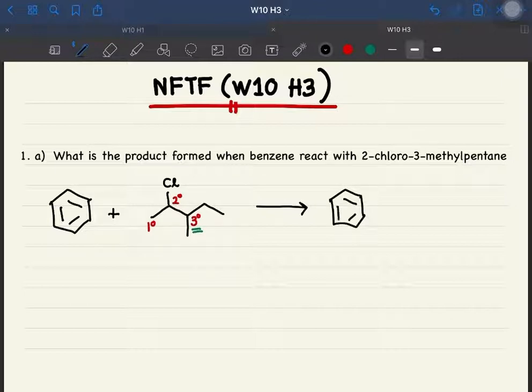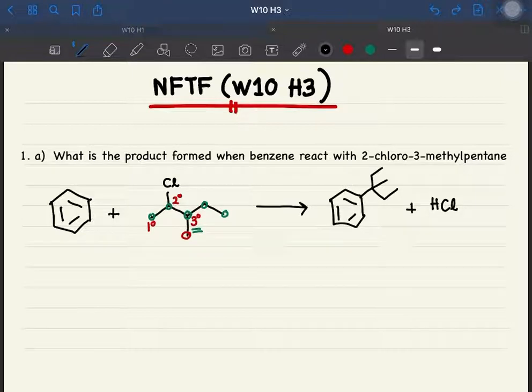Then we have this bond attached to the third carbon. If you look at the third carbon here, we have the environment of 1, 2, 1, 2, like this. And don't forget, the methyl group attached to carbon number 3 means we have another alkyl group here. So we get this kind of product together with the side product of HCl.